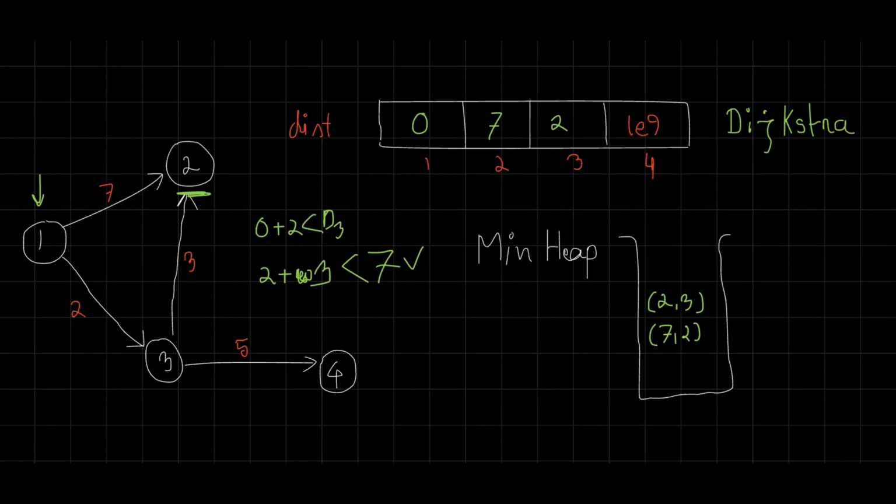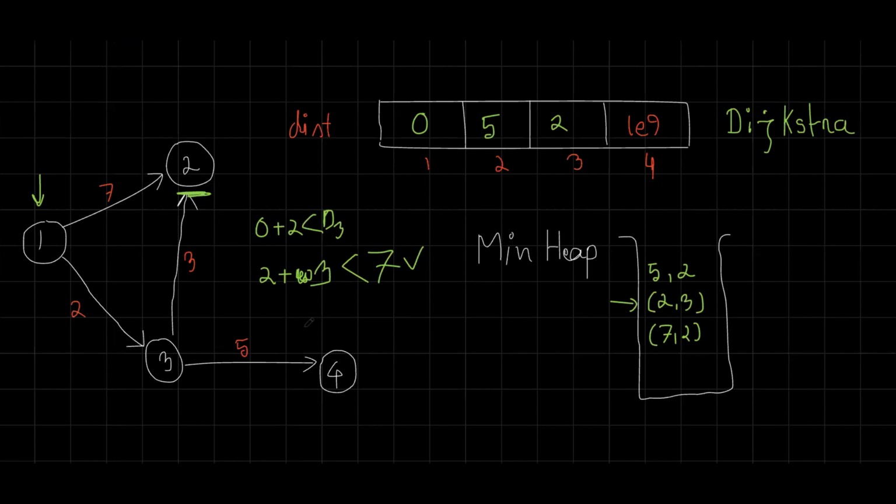So here we will assign the value 5 in the node 2, and we will insert the value 5 and 2 here. Now from 3 we can reach the node 4.